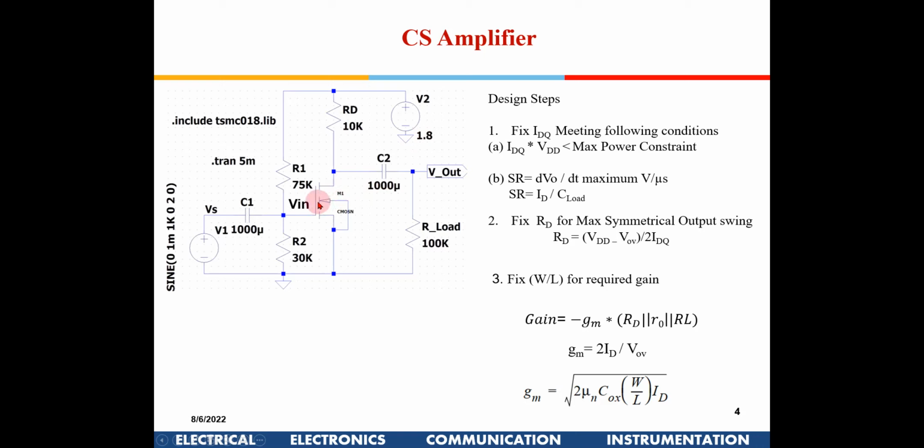If you have to keep this transistor in saturation, the minimum voltage out here will be the overdrive. So this equation gets modified: VDD minus V overdrive, divided by 2, divided by IDQ. Is it clear why this overdrive has come? Initially we said VDD minus 0, now we are catering for the V overdrive voltage also.